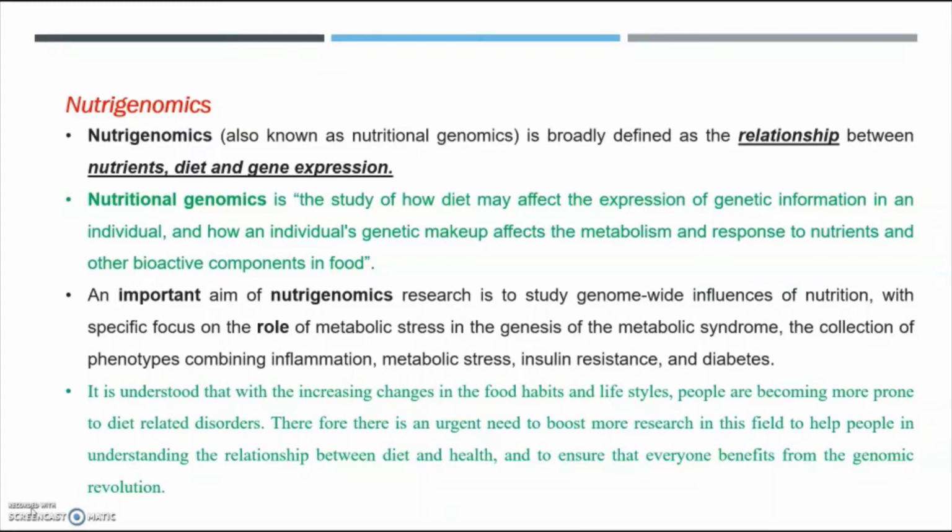So if you identify which gene is mutated, so that particular gene is not responsible to produce that particular enzyme for the metabolism of that concerned nutrient. So in the case of a phenylketonuria patient, we can avoid the diet containing the amino acid phenylalanine, and so we can save the person from the occurrence of the future damage or problems.